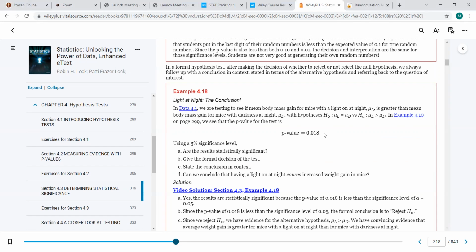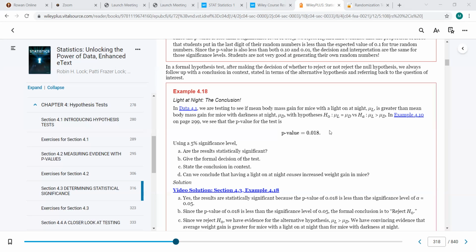It's bigger, so we don't reject it. That is correct. Now, suppose we had picked a 5% significance level. Do we reject or not reject the null hypothesis? Thank you, Albert, for saying don't reject.